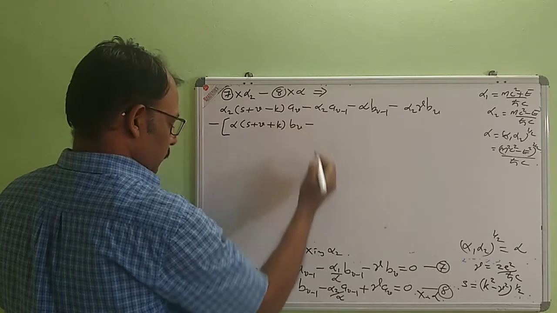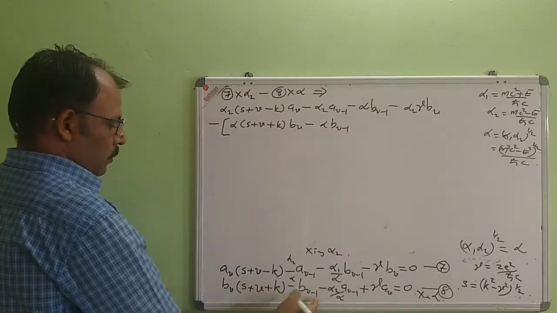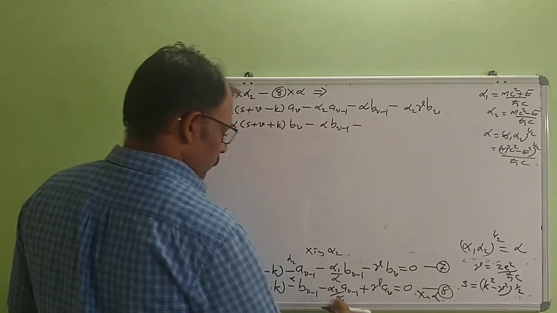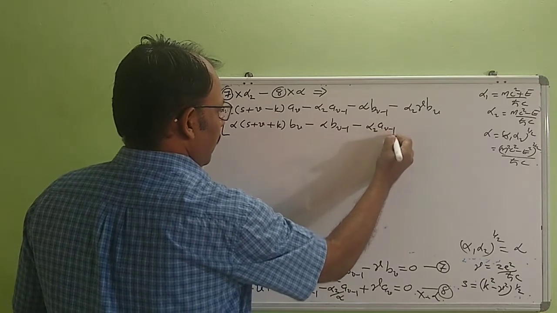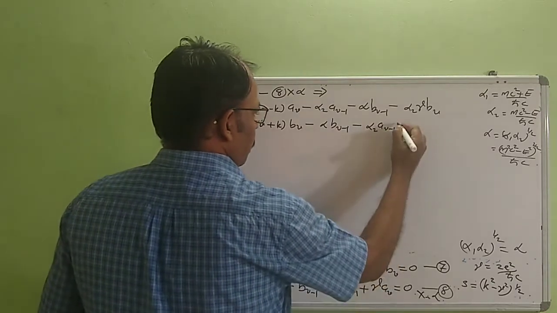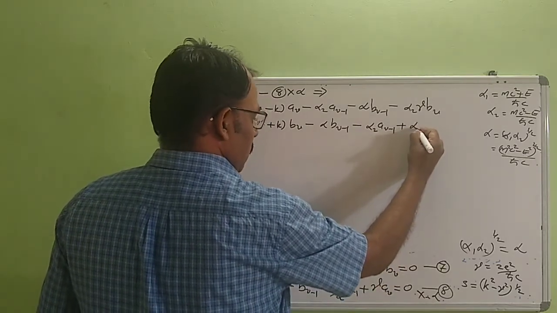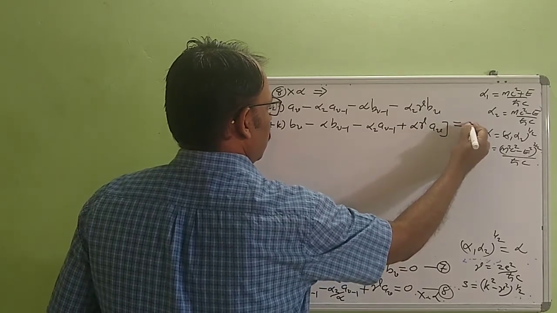Now minus alpha BV minus 1, minus alpha 2 AV minus 1, plus alpha gamma AV is equal to 0.